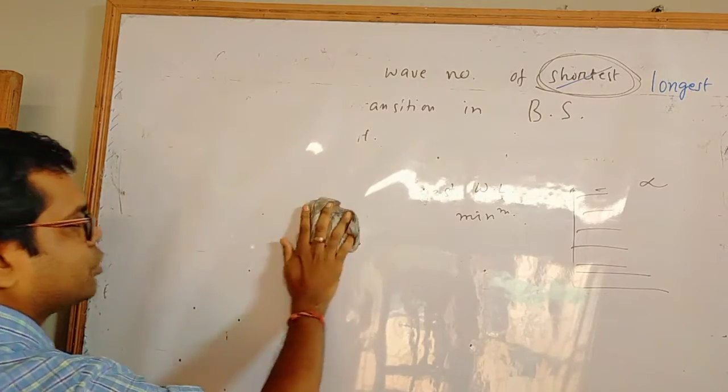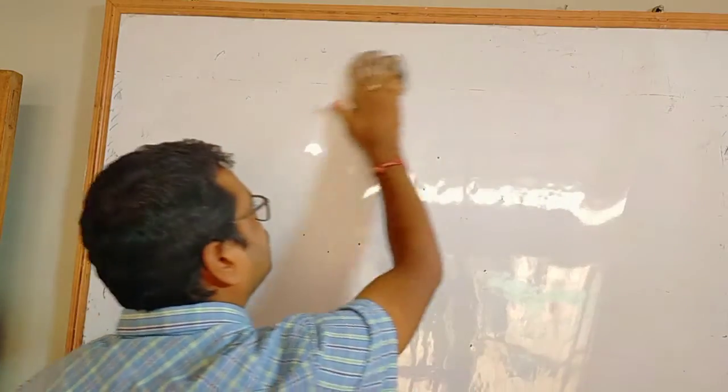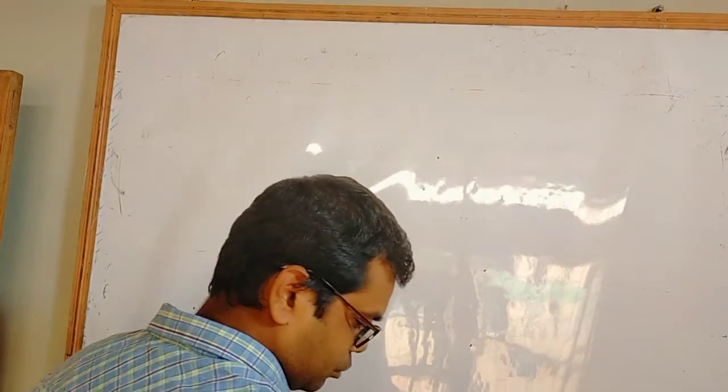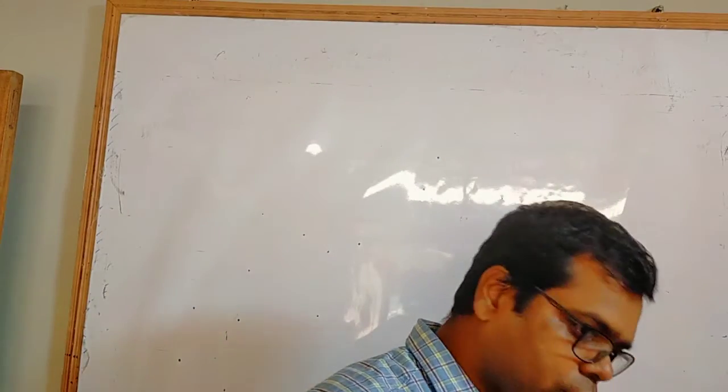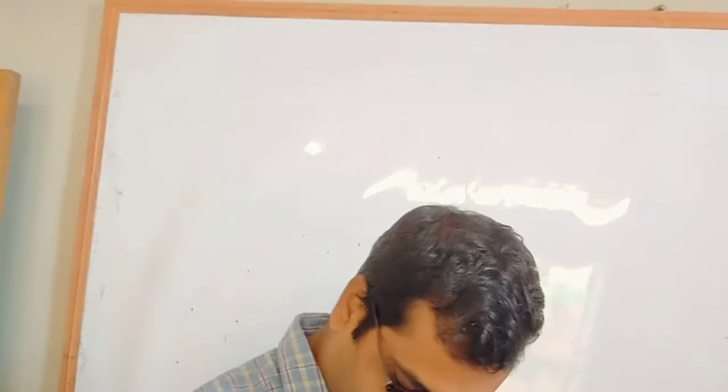Today in D block I'll start the last part of the d-block elements. This one will take up your reduction potential. Today we'll start reduction potential.